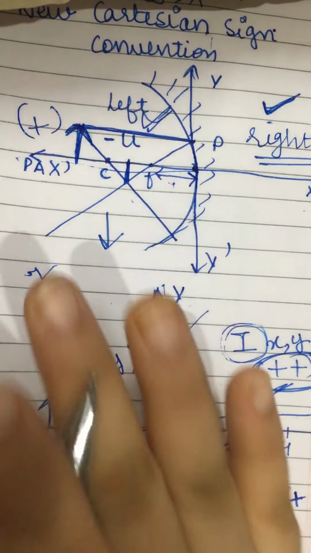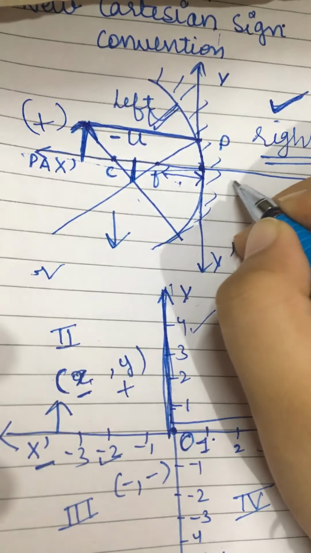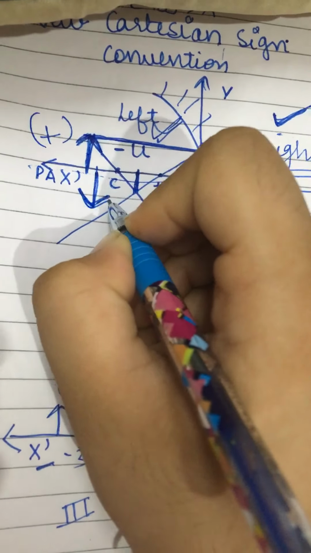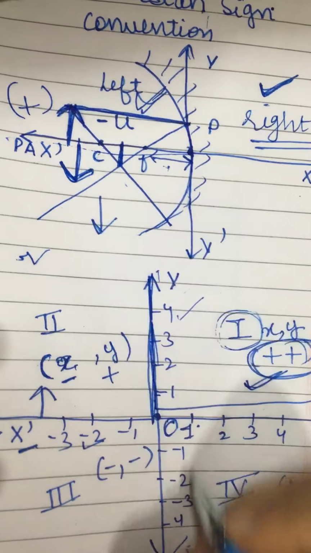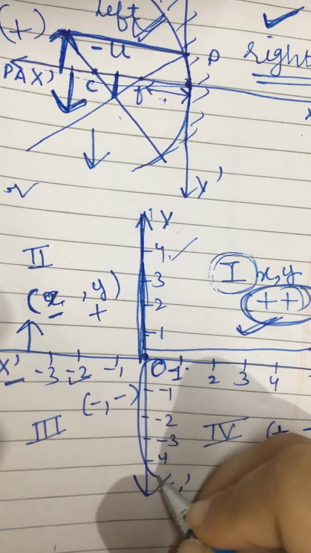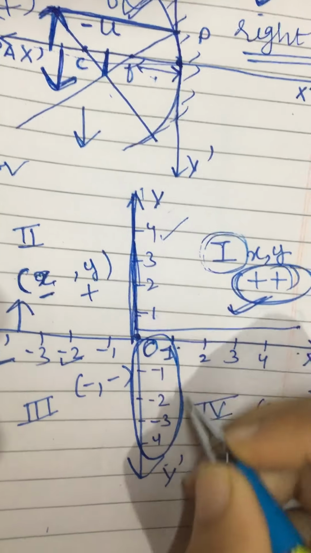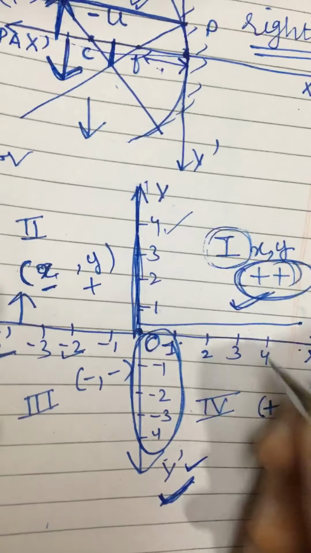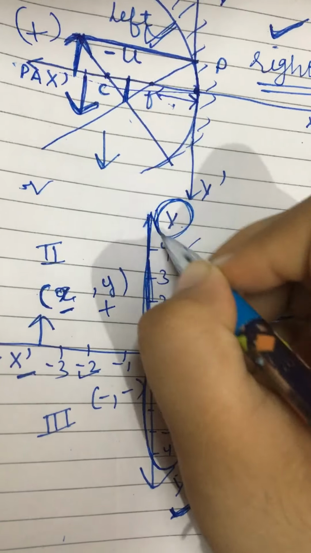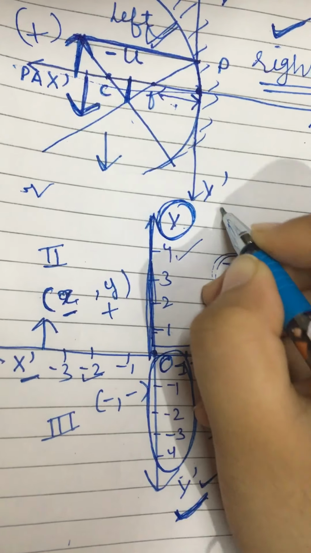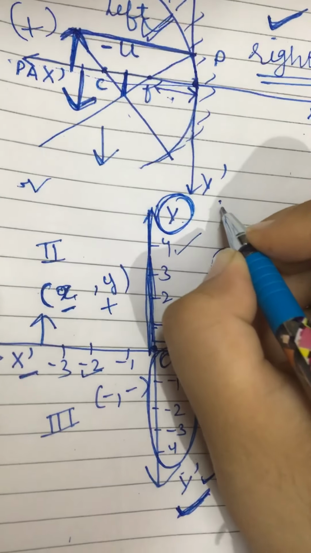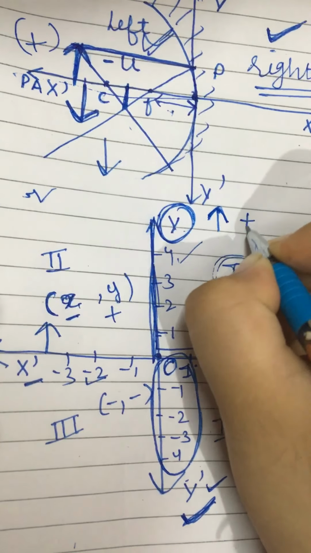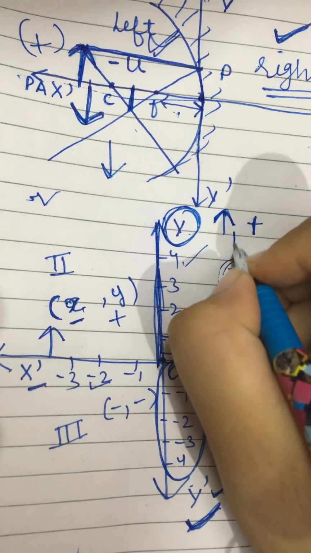And if the object is taken downward, or the image formed is in the downward direction, then the height of the image will be negative, because here all the numbers are negative and it is the y minus axis. Here it is the y plus axis, therefore any object placed above the principal axis will be positive.